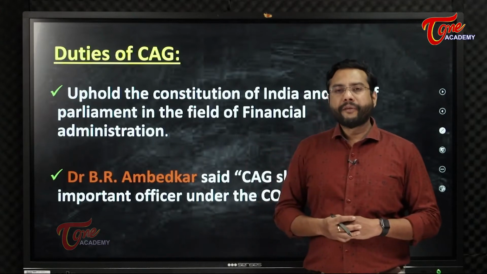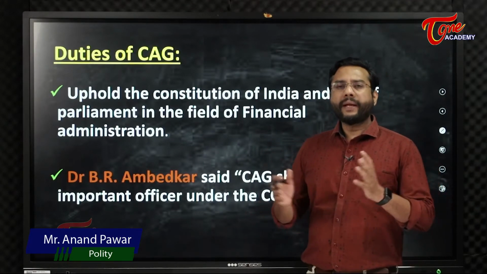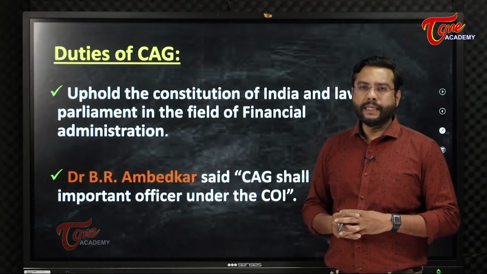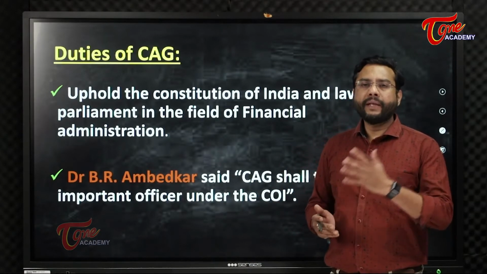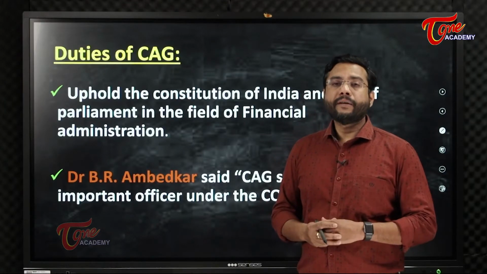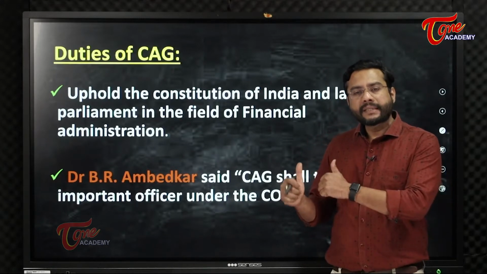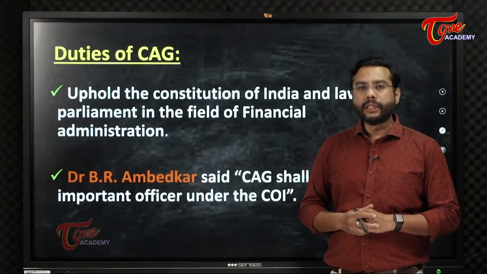So we have very varied functions, very complex work of CAG, because we have a very vast democratic country. We have many states, and our country is federal in character. And we have a single office of CAG at union level.